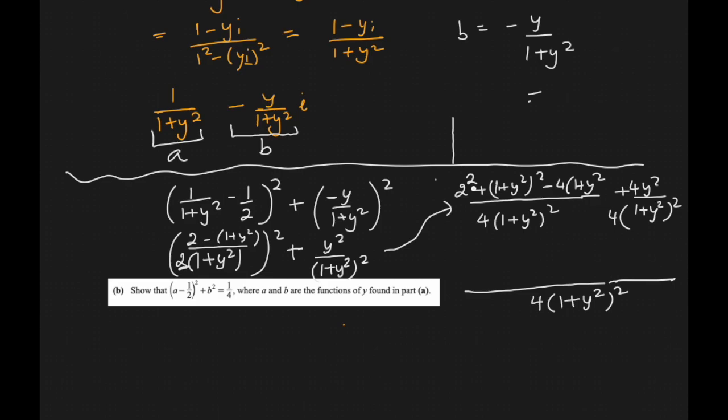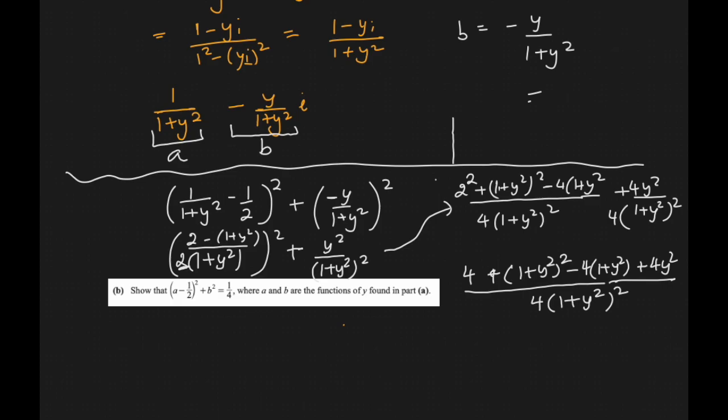Okay, so now what about this one? 4 plus 1 plus y square. No need to open this because the other part will get cancelled out now. 1 plus y square, and then we have plus 4y square.